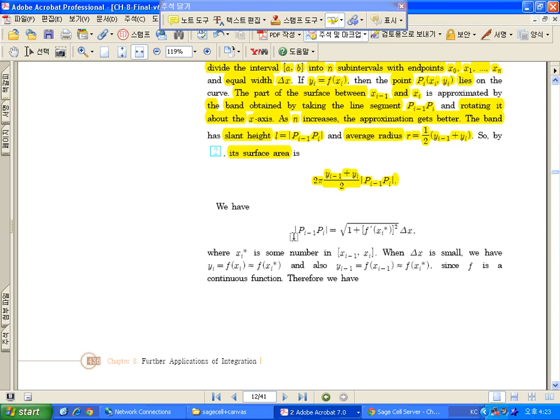Then we have, as we already showed, that the length of the line can be approximated with the mean value theorem, where x_i star is some number in this subinterval.